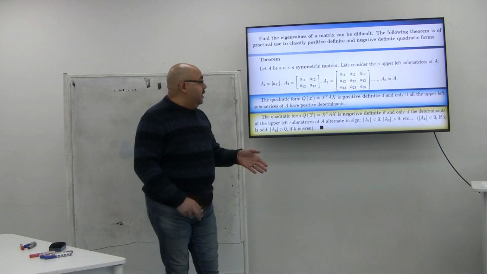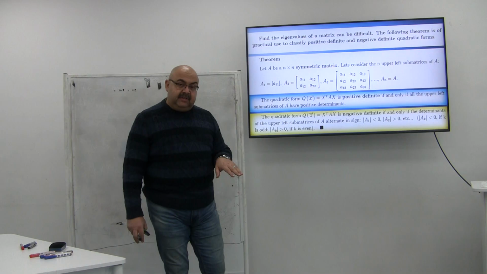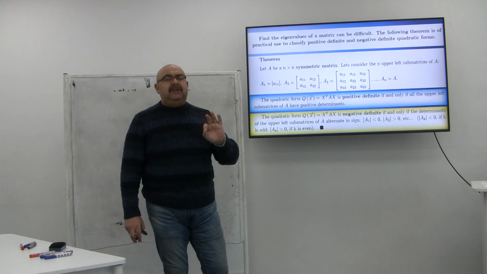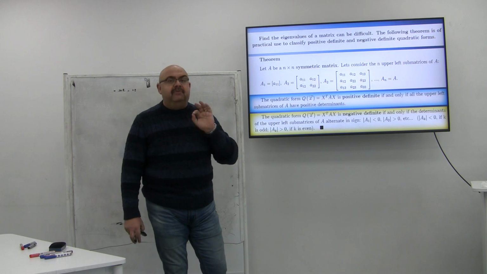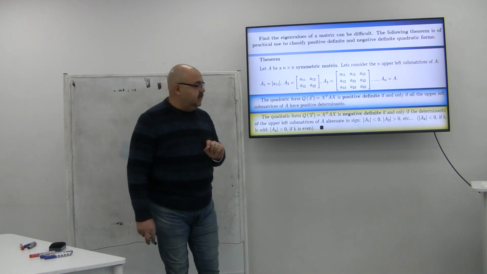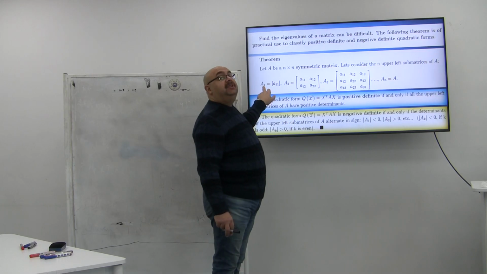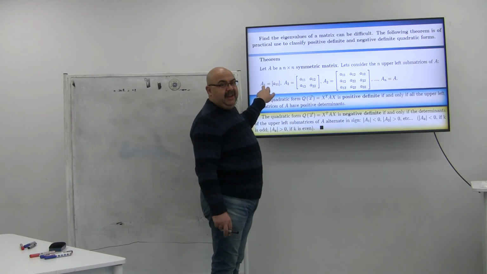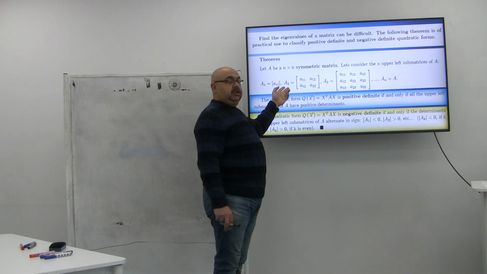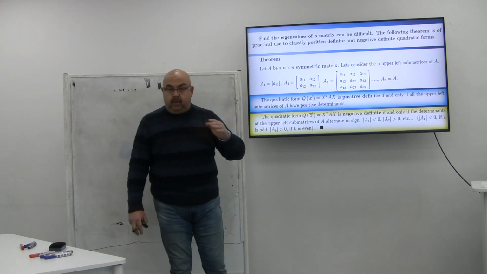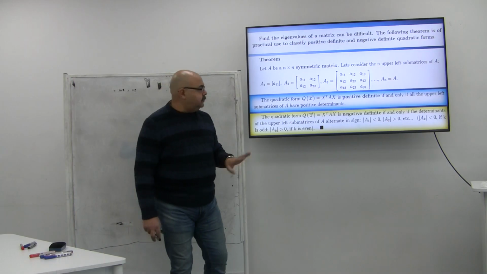If I want negative definite, it happens with a special arrangement of the signs of the determinants of these matrices. It will happen if the matrices of odd order have negative determinants and the others have positive ones. If this happens, it's going to be negative definite. Otherwise, it's going to be indefinite.